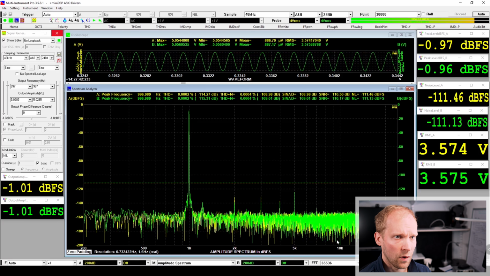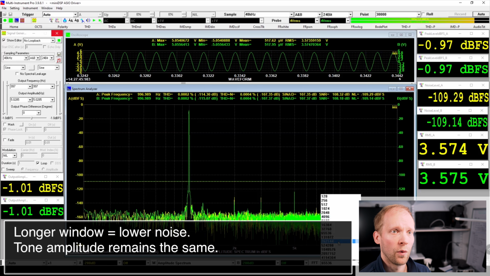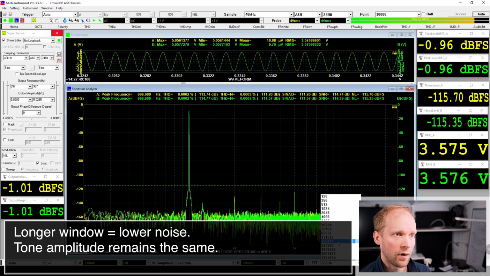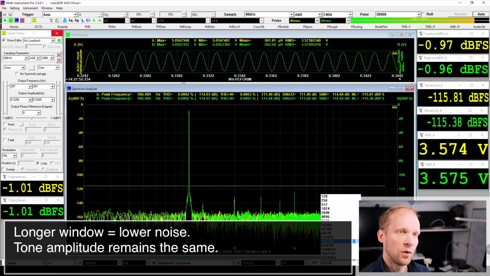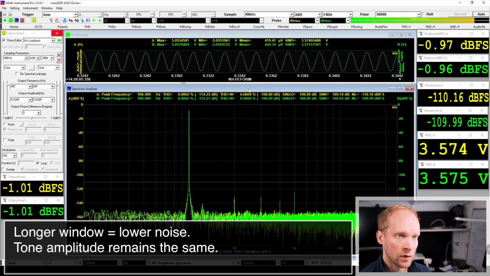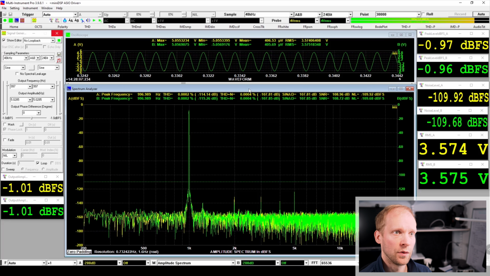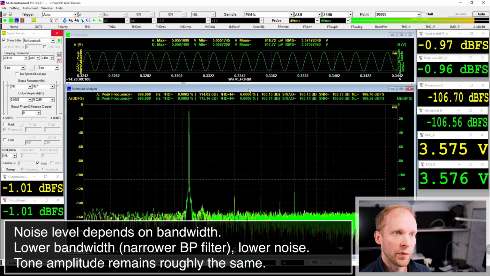But the noise floor goes down when you go to longer window and narrower bandpass filters or resolution. And that's because the noise amplitude depends on its bandwidth.